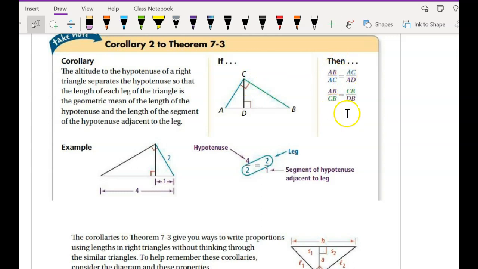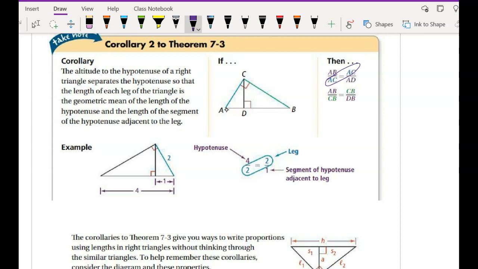So let's go ahead and look at this part. So it says AB to AC, so that's this long length, to AC is equal to AC to AD. Where AC is my geometric mean.